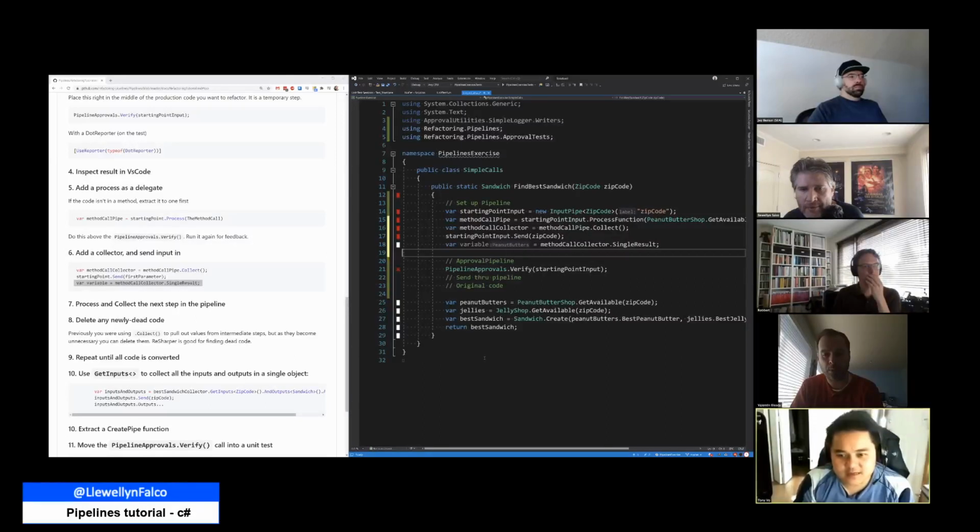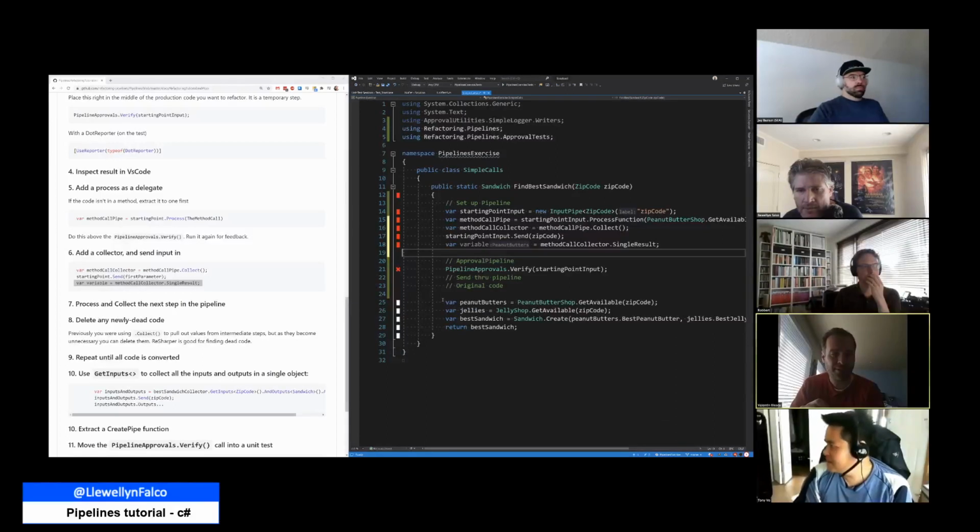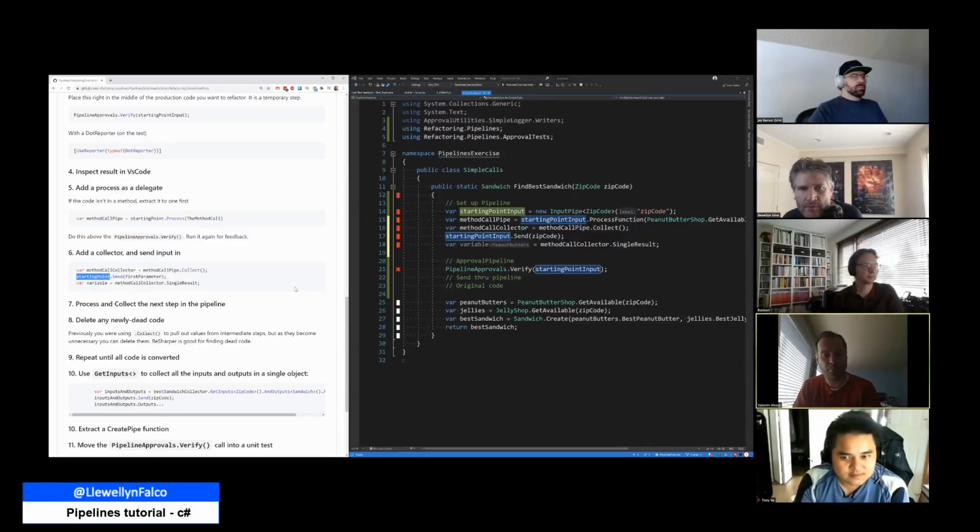Just a small feedback: in the tutorial we start with starting point input, and then we change to starting point 6. That's a small thing to change.